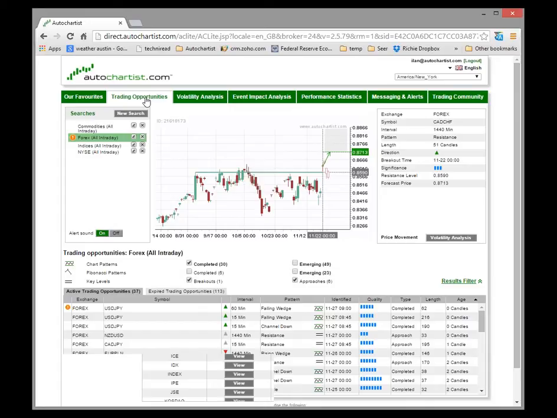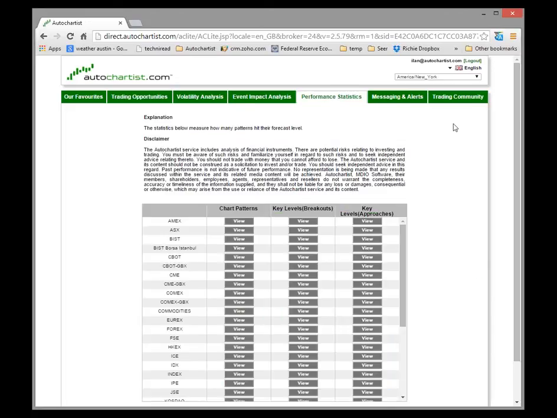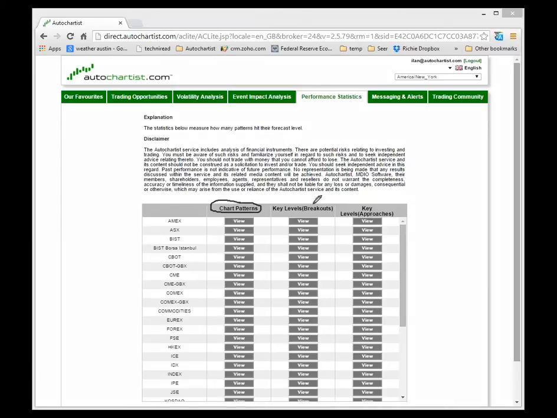Firstly, performance stats are calculated on Autochartist trading opportunities in which we provide a forecast or target level. This is a target level over here.